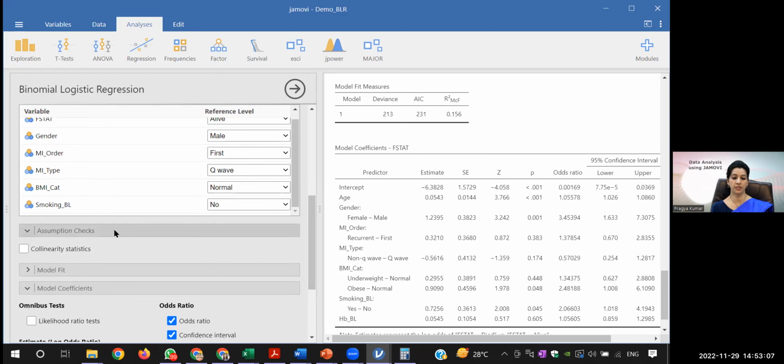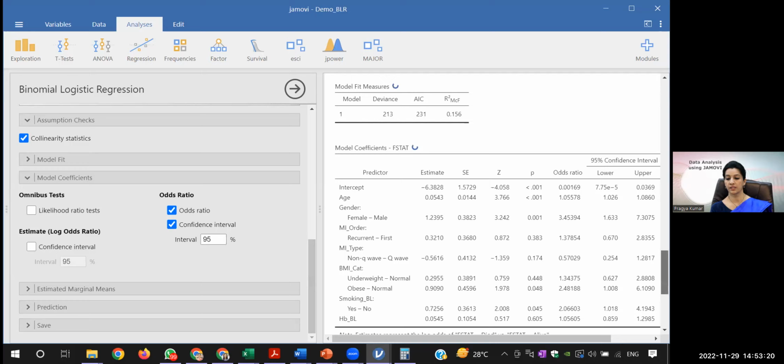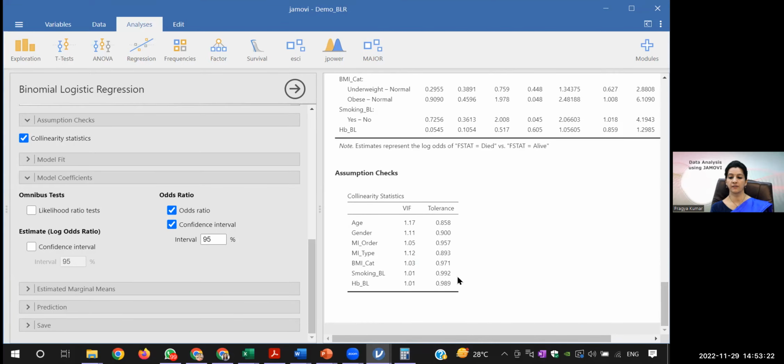Coming to the assumption check, it is the collinearity statistics. We talked about the assumption of collinearity. If you click that, you will see it gives you the value of VIF and tolerance.